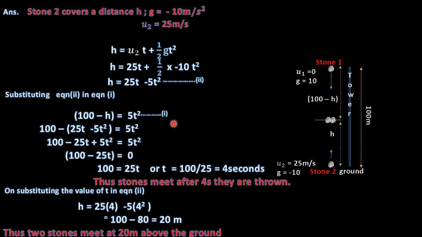So here h is equal to 25 into 4 minus 5 into 4 square. So we get 100 minus 80, that is equal to 20 meter. So the two stones meet at 20 meter above the ground. This is a little complicated one, but hope you will understand it.